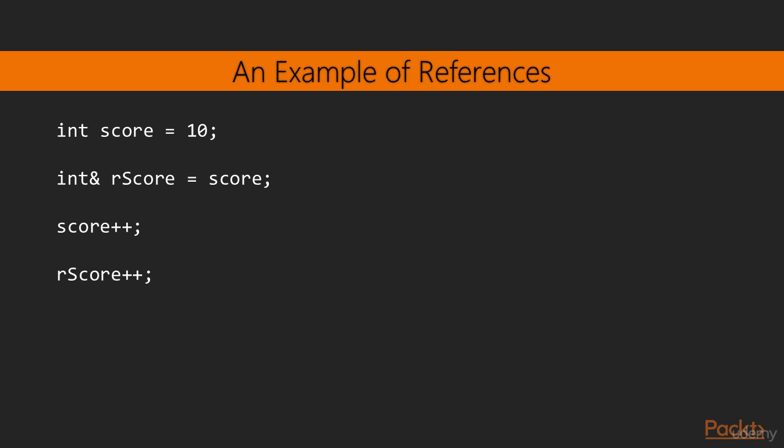Therefore, when we increment score with this syntax, score++, the score variable now stores the value 11. In addition, if we were to output rscore, it would also output 11. The next line in this code is rscore++. Now score actually holds the value 12, because anything we do to rscore is actually done to score.